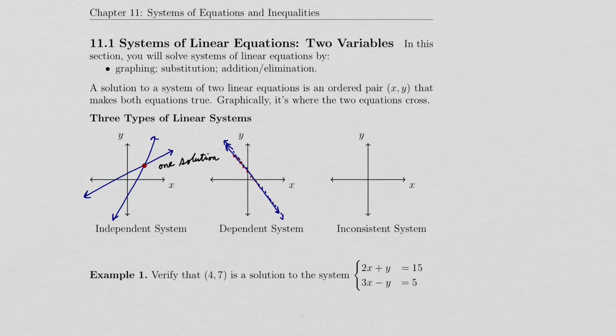So in this case, you would say that there's an infinite number of solutions. And it's because they're really the same line, like one equation is a multiple of the other.